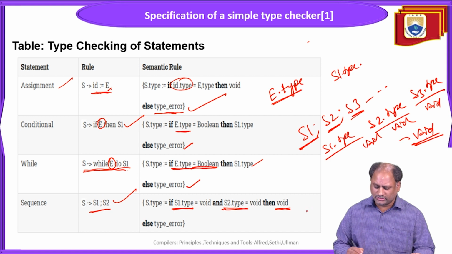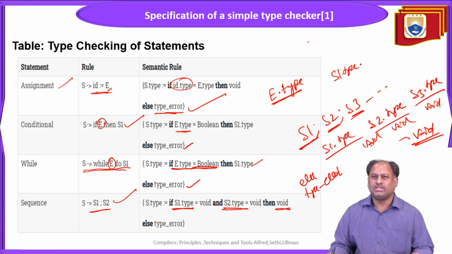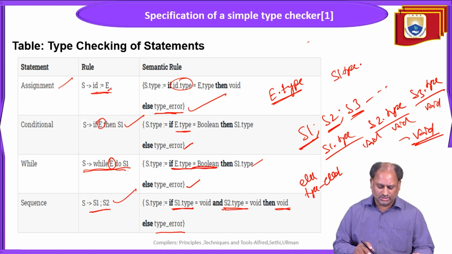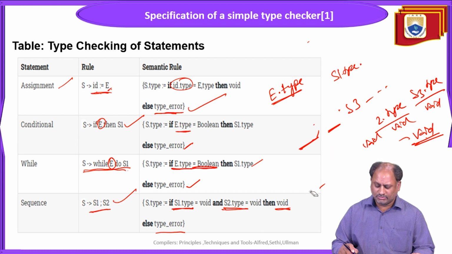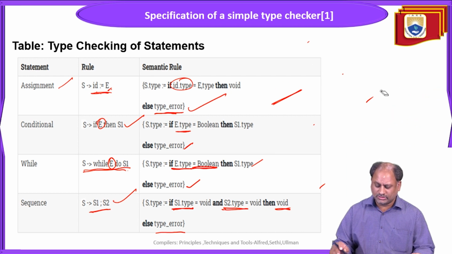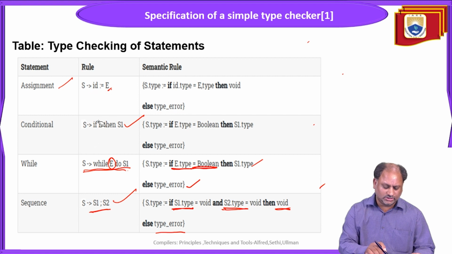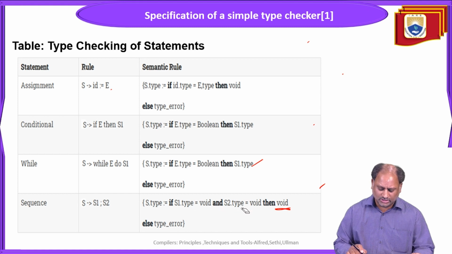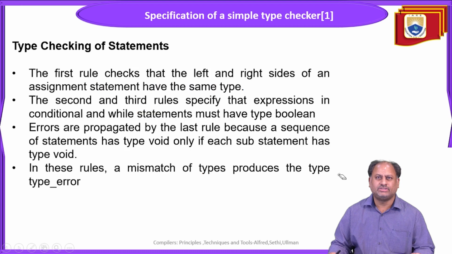Any other type returned gives type_error. That is how the type checking process can be implemented with the help of these notations, that is semantic actions, which can be easily identified and written as a stepwise notation for each of the conditional, while, and sequence of statements.